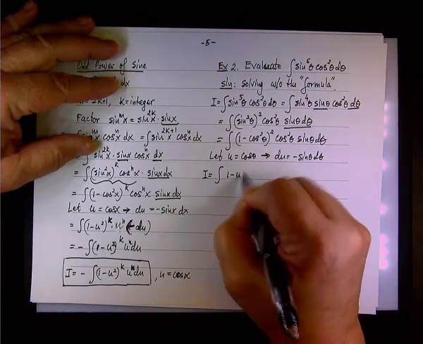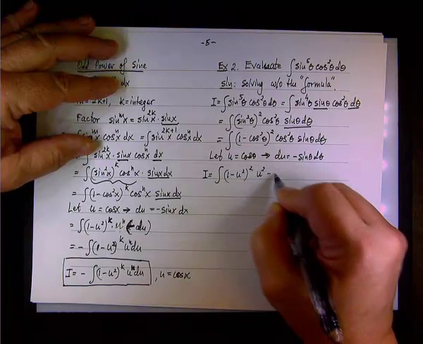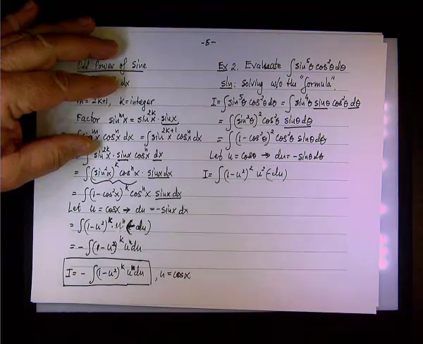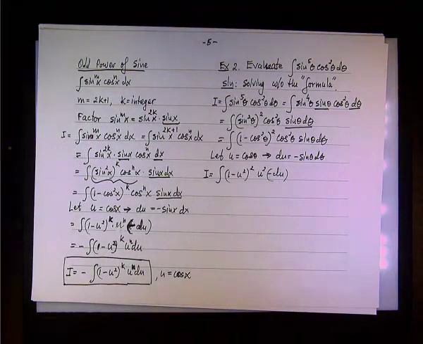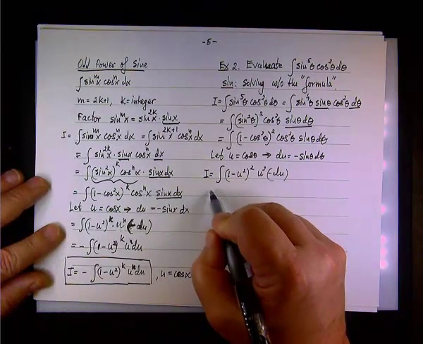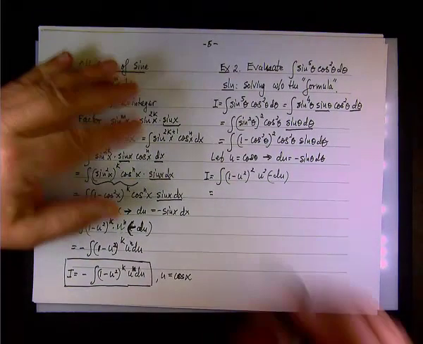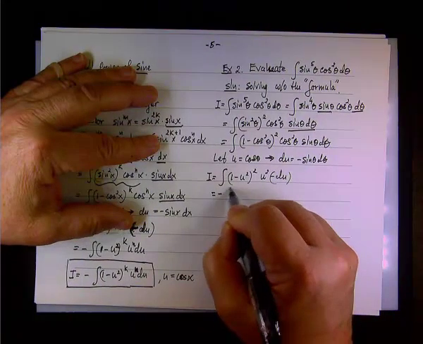Notice that I'm not even looking at this formula. I'm using this just as a generic example. And now after the substitution, it's the integral of 1 minus u squared, squared, u squared, negative du.